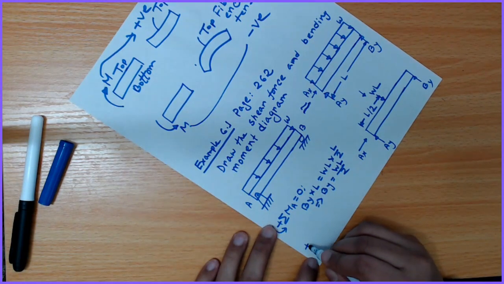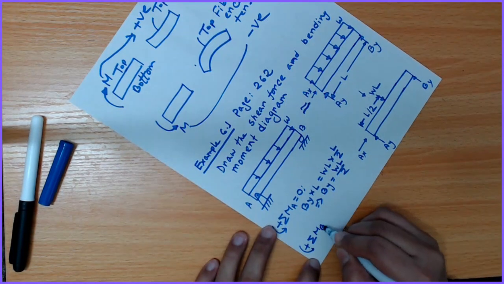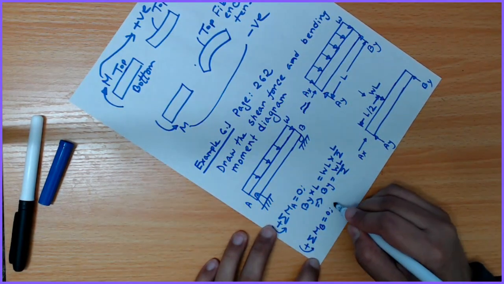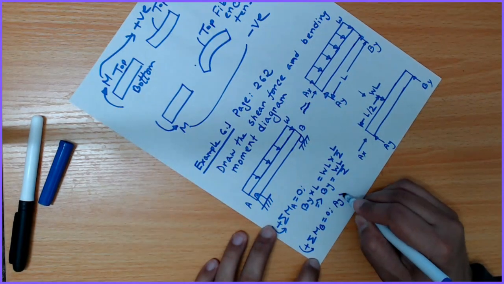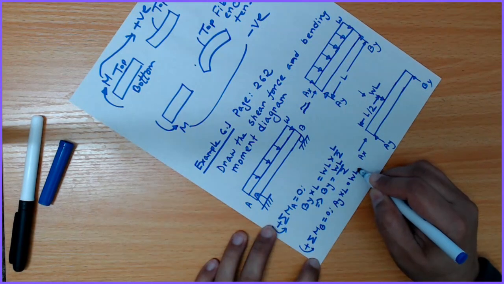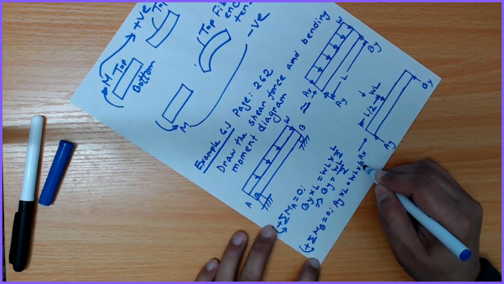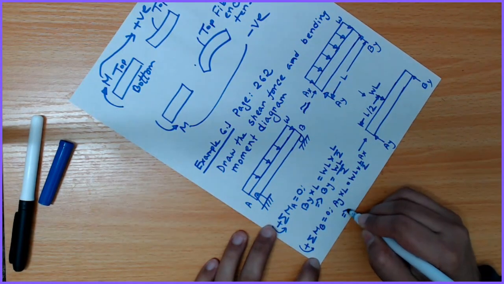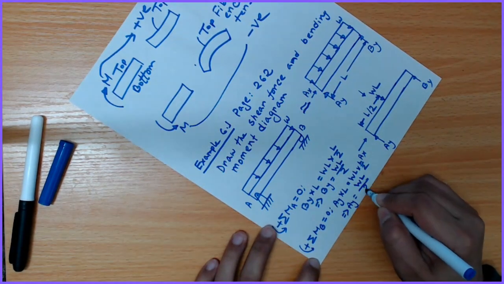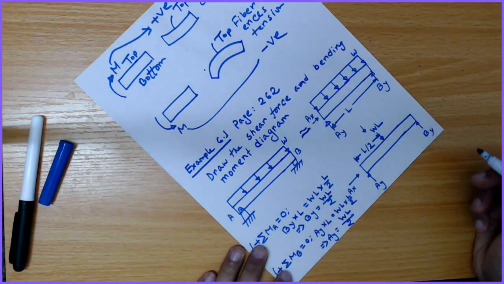If we take the moment with respect to B equal to 0, we can say AY multiplied by L equal to WL multiplied by L by 2. So AY is WL by 2.